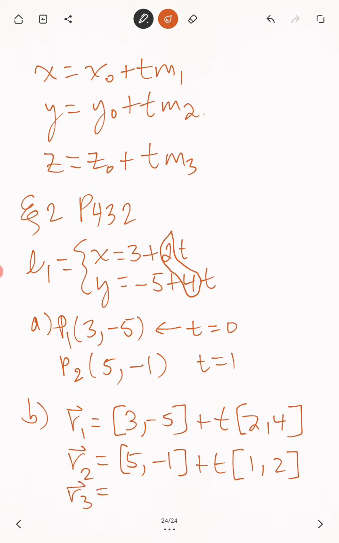Another possibility would be to use the point (5, -1), or find another point altogether by letting the parameter t be 2, for example, or any real number, and use a different scalar multiple of (2, 4). So let's say (8, 16). That would work too. There are infinitely many possibilities.